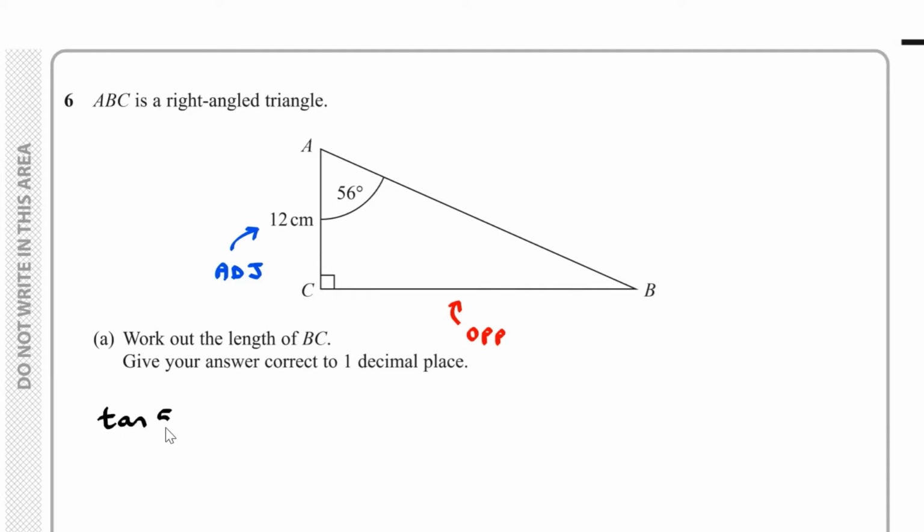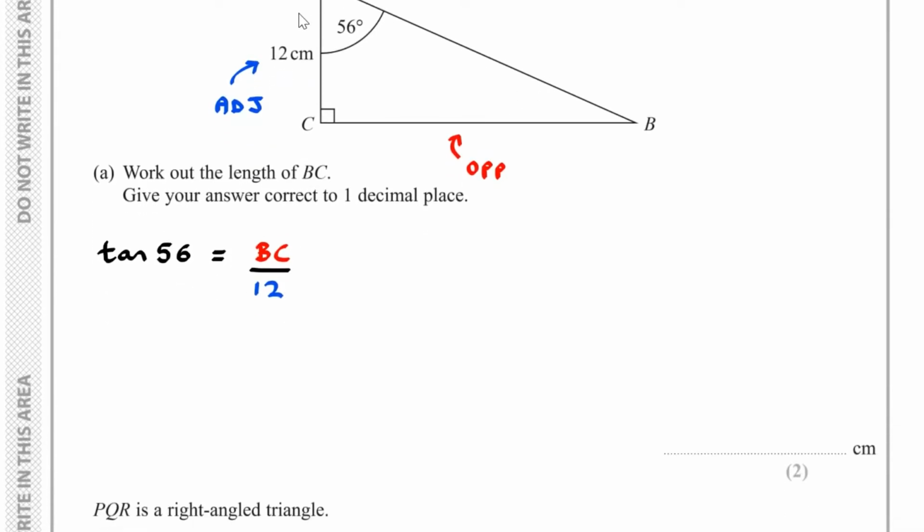What connects the opposite with the adjacent is tangent, and so therefore we have tan of 56 equal to the opposite, which is BC, divided by the adjacent, which is 12. And so what we need to do is find out what BC is.